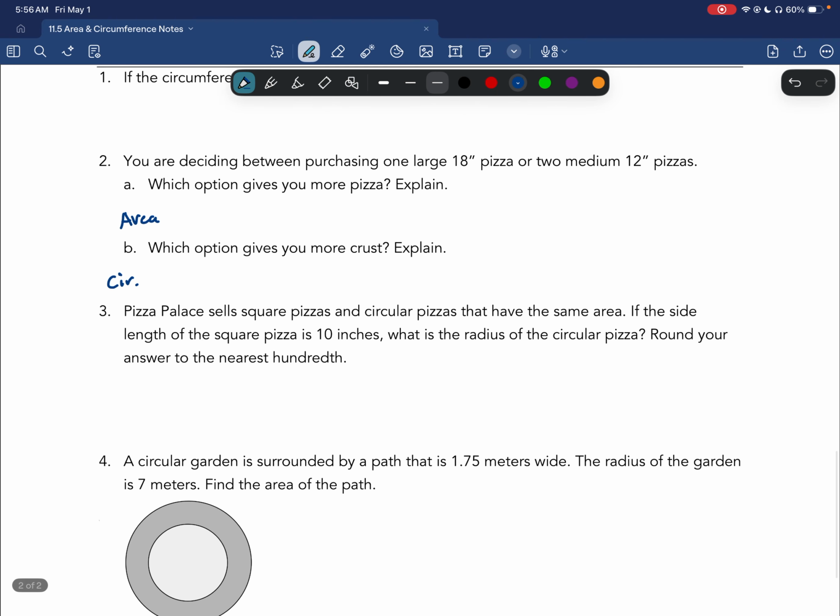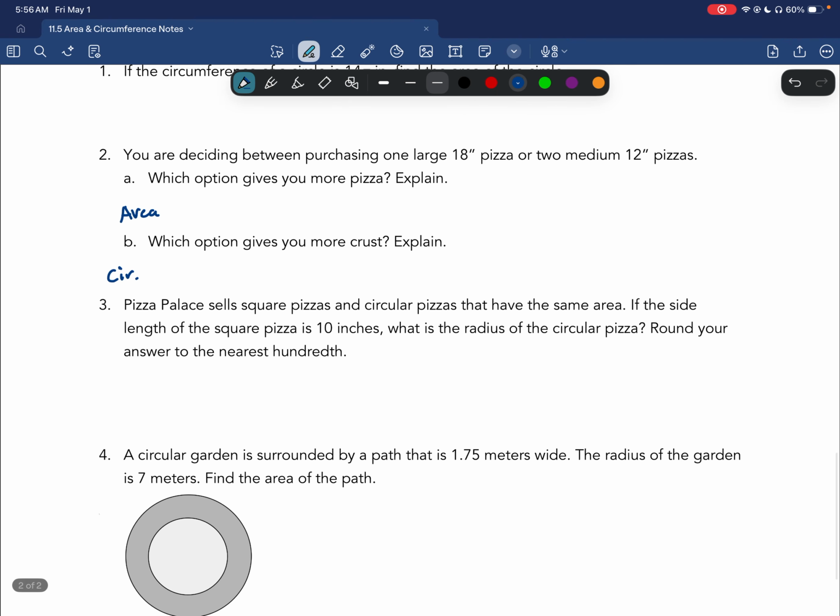Pizza Palace sells square pizzas and circular pizzas. They have the same area. If the side length of the square pizza is 10 inches, what is the radius of the circular pizza? We have a square pizza and a circular pizza. The side length is 10, and since it's a square, all of the side lengths are 10.